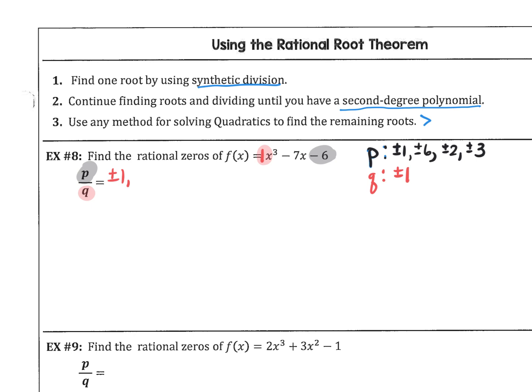Then 6 divided by 1. See what I mean about if Q is 1, it's nice and easy. And then 2 divided by 1, so this will be plus or minus 2. And then 3 divided by 1.